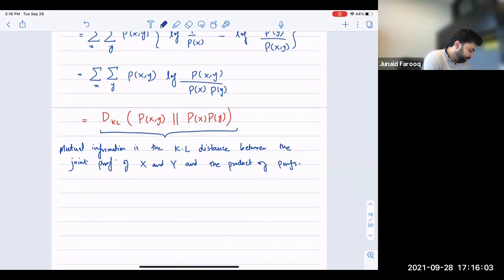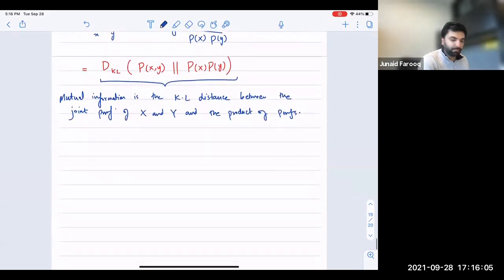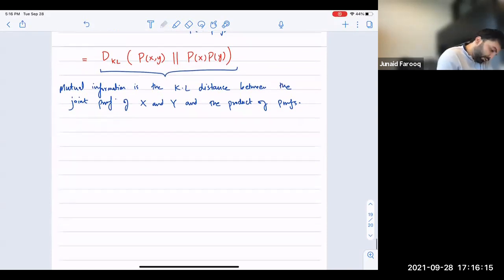Okay, now some properties of mutual information before we wrap up today's stuff. Really there are just a couple of properties.